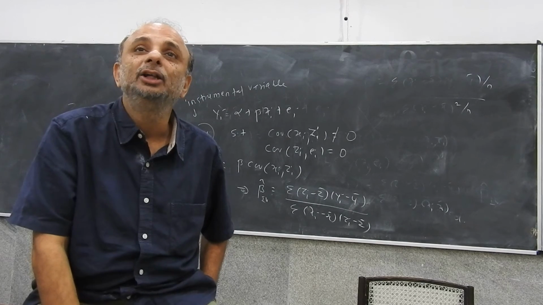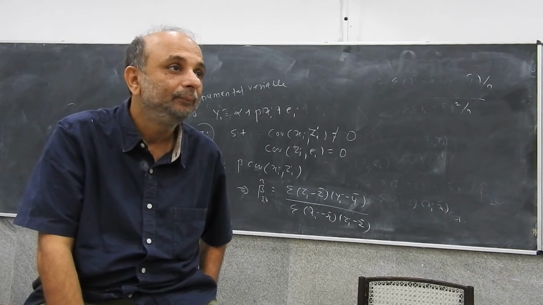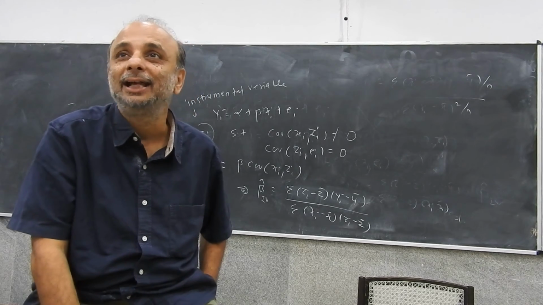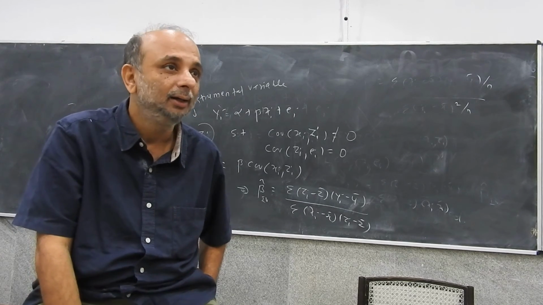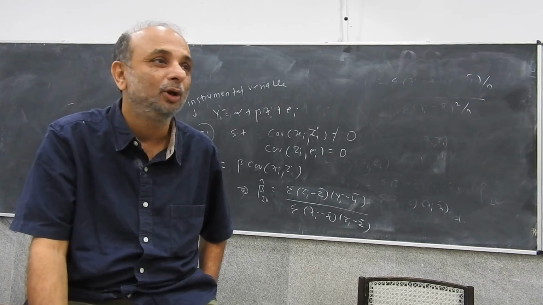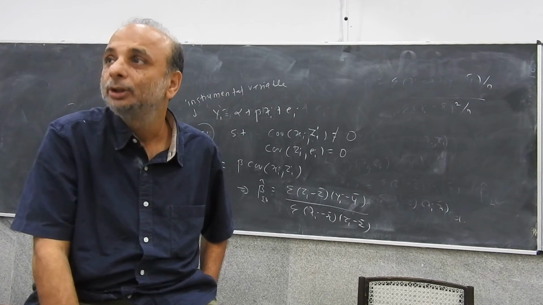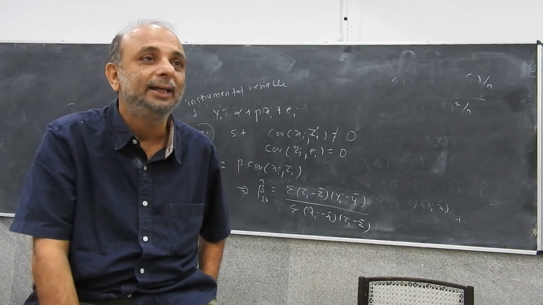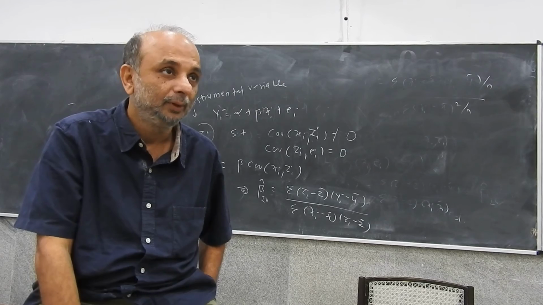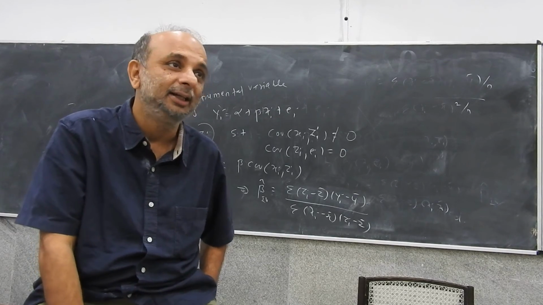When you are using an OLS model, you are not sure whether covariance of X and E is 0, unless it's a very well sanitized kind of model. In real world data, whoever told you that your X variables are all measured properly? So it's very likely that covariance of X and E might not be 0, in which case the OLS estimator will not give you a consistent estimator of beta.